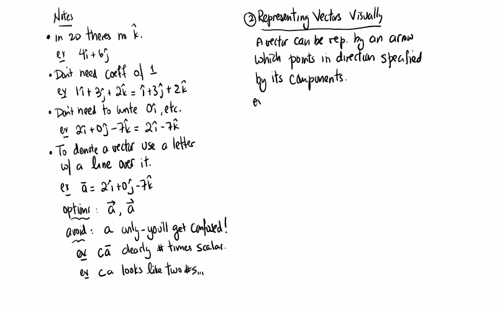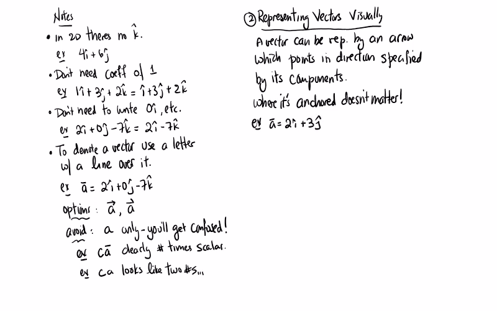Let's look at an example. And before I give you an example, I'll say this: where it's anchored doesn't matter. So for example, the vector A, which would be 2i plus 3j.